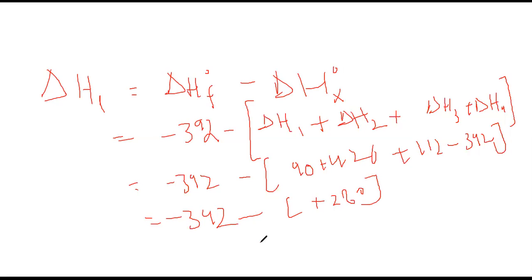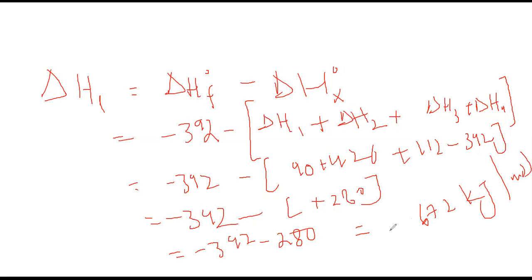So minus 280 minus 392, minus will be plus, so this will be 672 kilojoule per mole. But the sign will be minus because the bigger value has a minus sign. So delta H is minus 672 kilojoule per mole. This amount of energy will be released. This is the lattice energy when you are forming solid potassium bromide from their gaseous ions. This is the lattice formation energy.